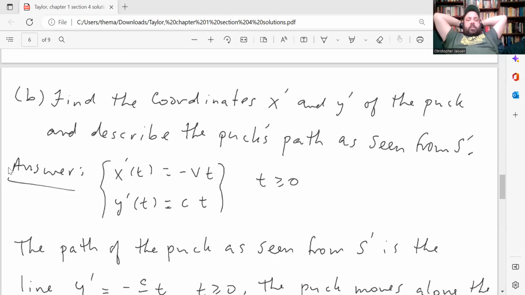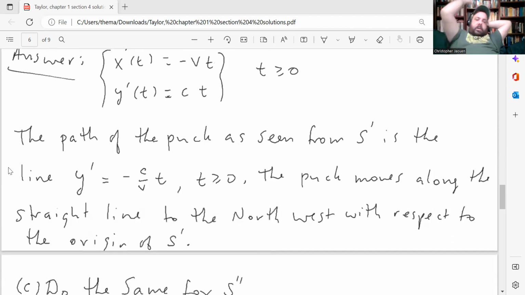So that means that the x coordinate of the puck goes in the opposite direction, but with the same speed as the reference frame is moving with respect to the reference frame S. So x prime is given by negative vt. And again, t is greater than 0. And if you want to know what the shape of the path looks like from S prime, you can just solve for the parameter t, and that gives, oh, sorry, there's a typo here. There should be x.